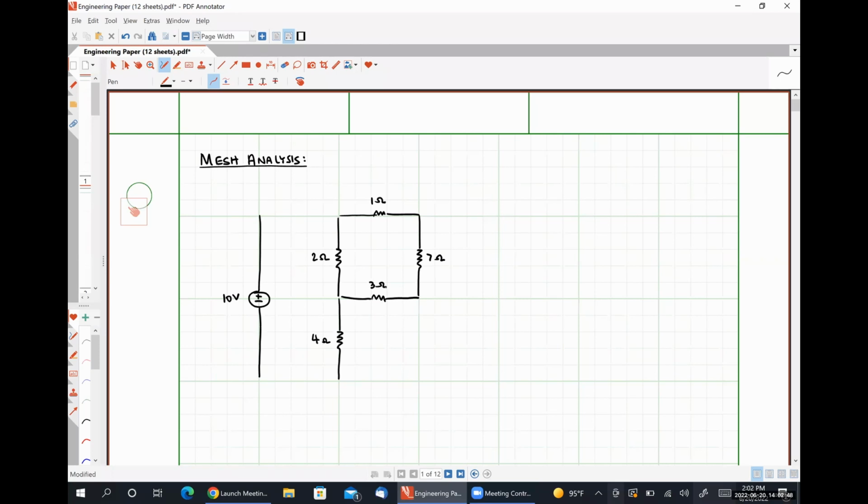A 3-ohm resistor. An 8-ohm resistor. A 6-ohm resistor down here. And let's put a 9-ohm resistor in the top left, and a 5-ohm resistor in the bottom left. Like so.